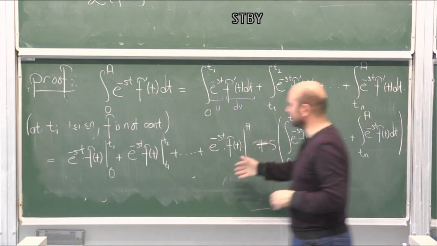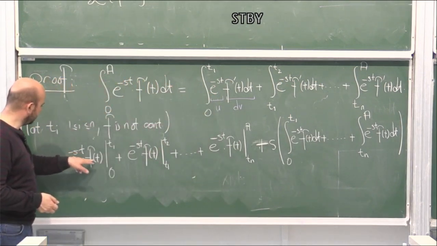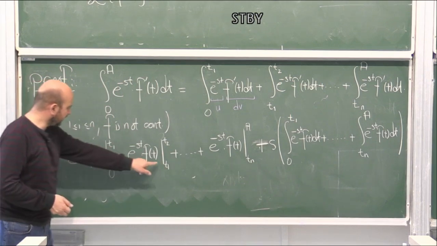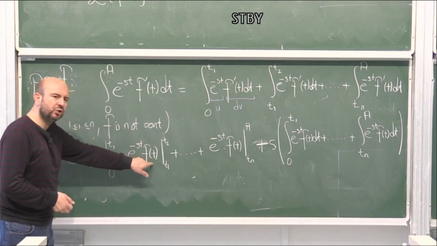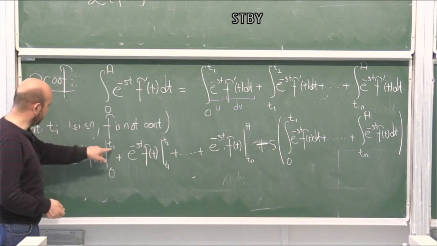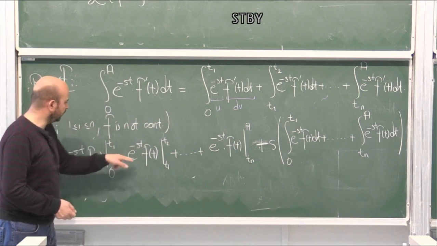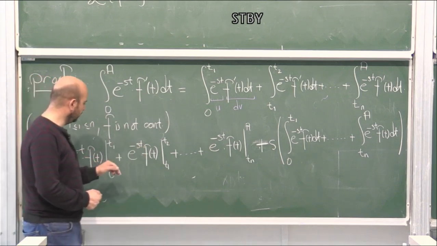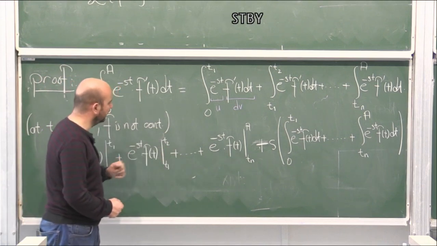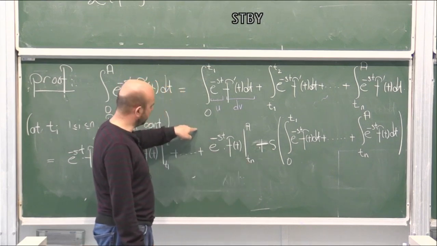Now, if you look at these things, suppose we computed them. There is e to the minus st f of t at t1. It will come here, but the same thing will come here too, with a minus in front. So plug in t1 here and t1 there, and because of the minus, they cancel each other. So the t1s are cancelled, t2 will be cancelled with the following one, and this will continue, with tn cancelled by using the previous one.